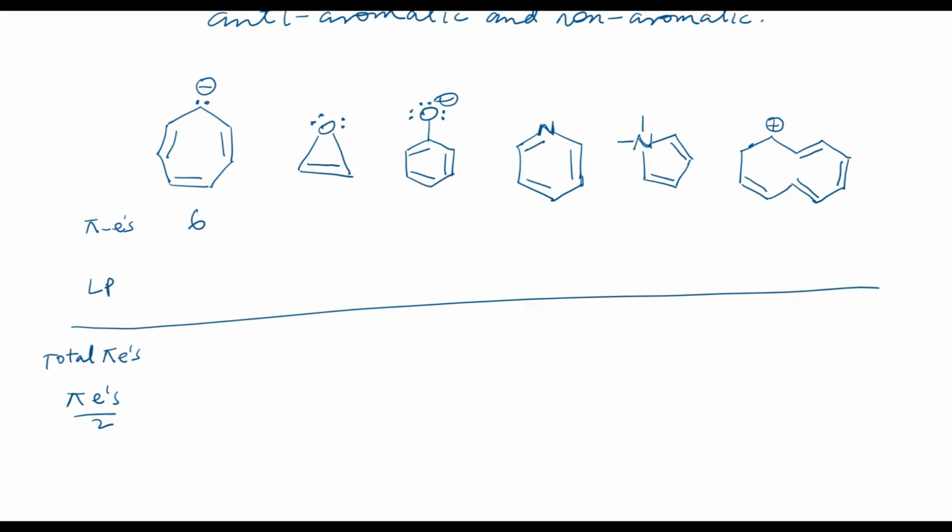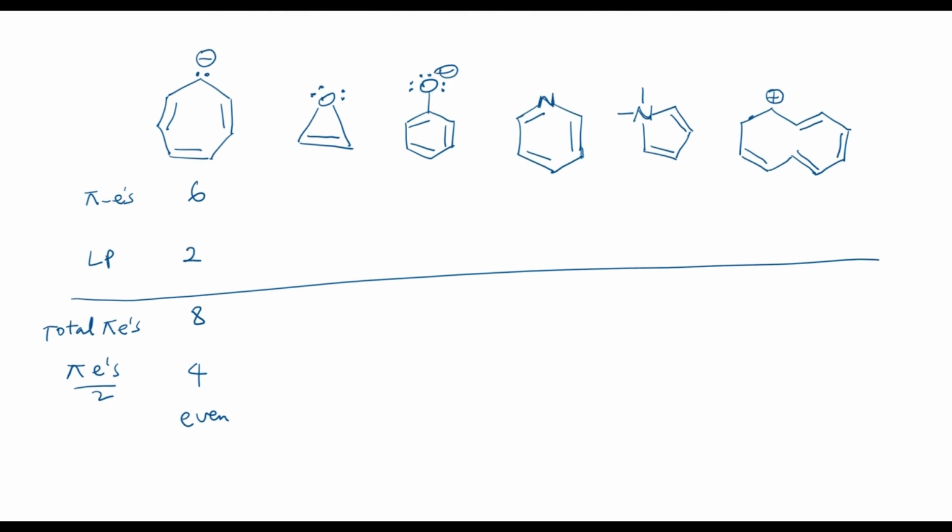That's one easy way to tell. So we have 2 electrons from the lone pair. The total pi electrons will be 8, 6 plus 2. If you divide this by 2, you will have 4. Since 4 is an even number, this molecule will be anti-aromatic.